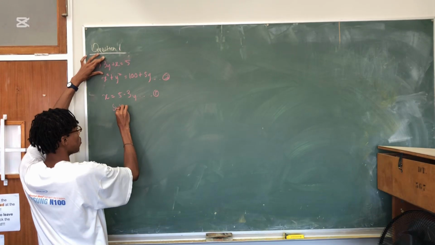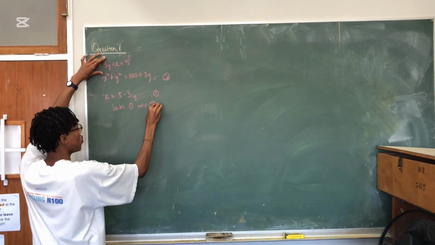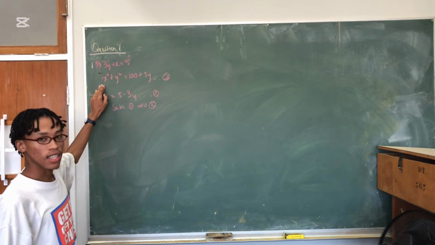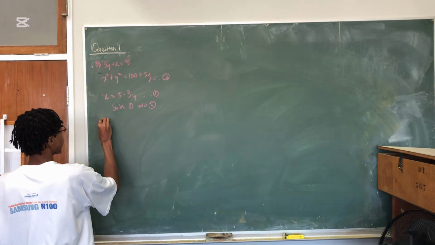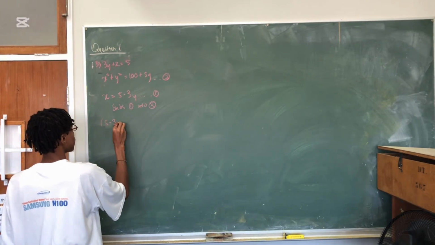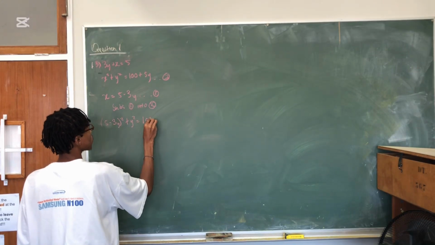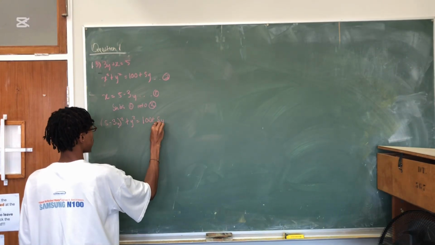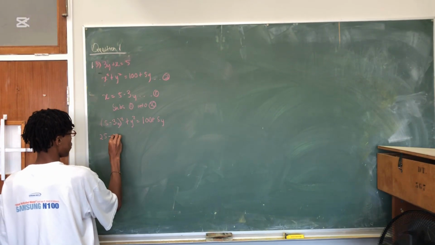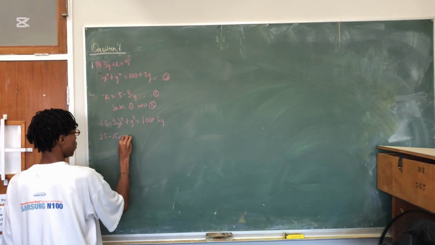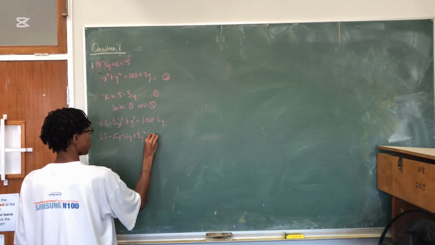We then substitute 1 into 2. Wherever we see an x in the second equation, we're going to substitute 5 minus 3y. This is going to be 25 minus 15y minus 15y plus 9y squared plus.